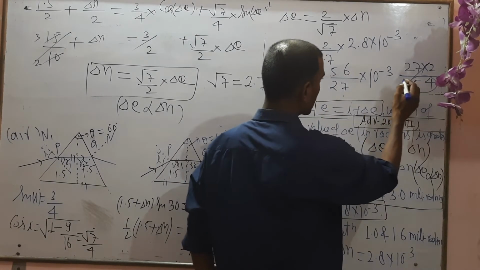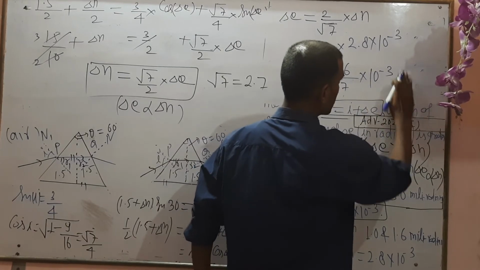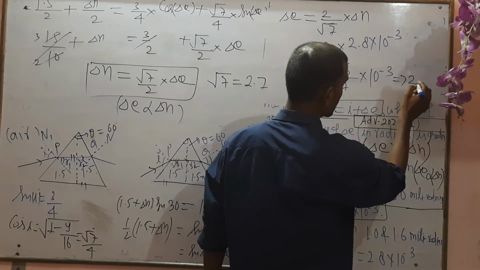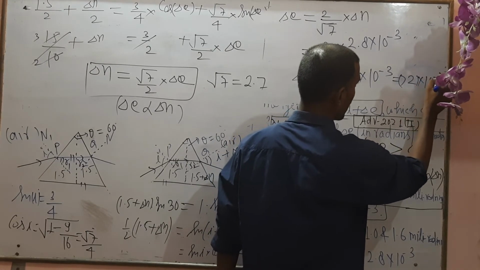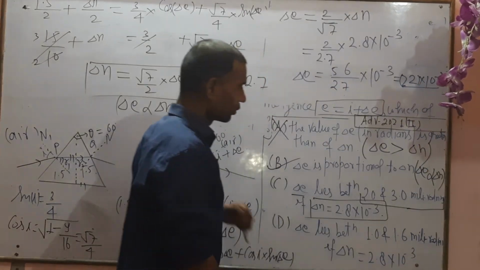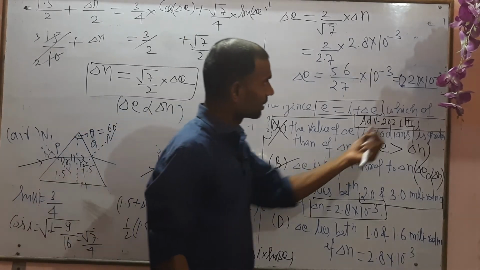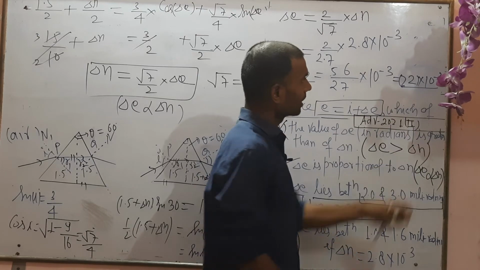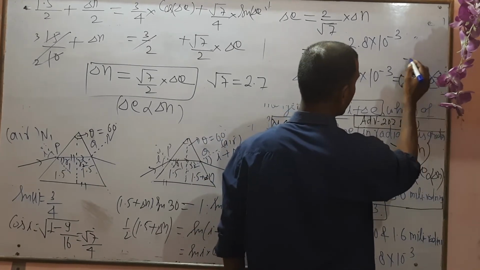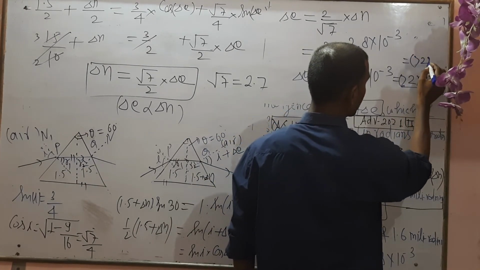So slightly greater than 2 into 10 raised to minus 3, which is greater than 2 into 10 raised to minus 3. Removing the minus 3, it is greater than 2 milliradian.